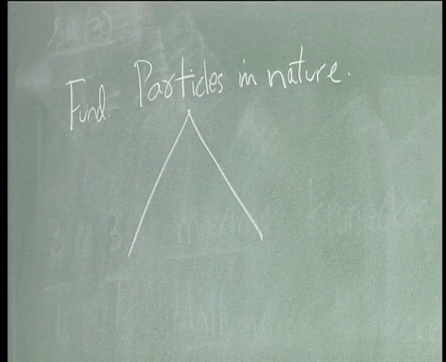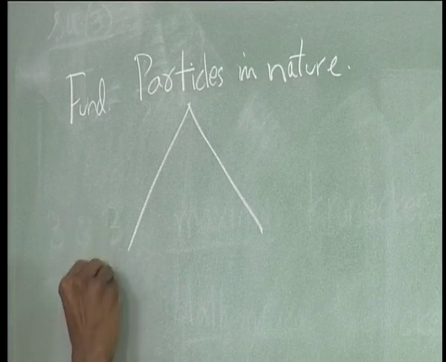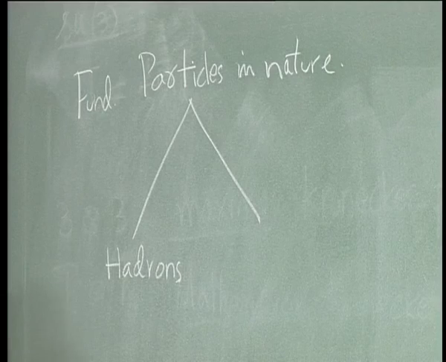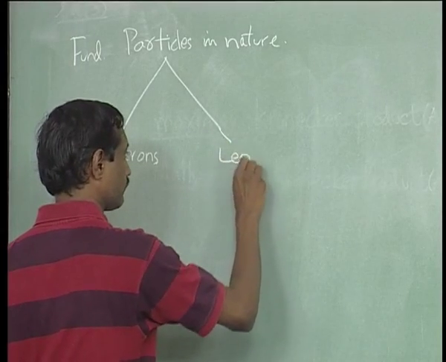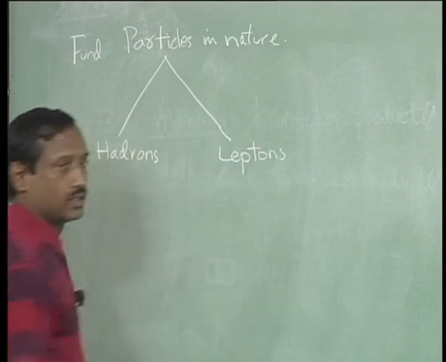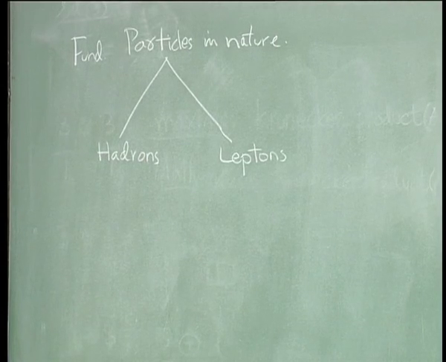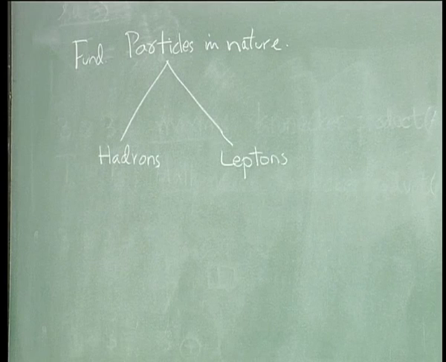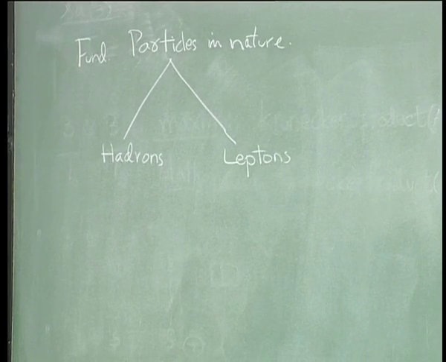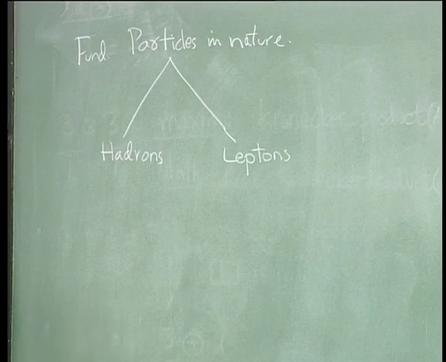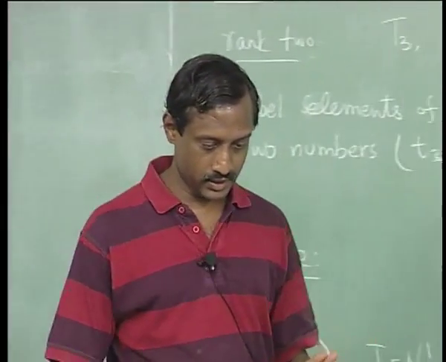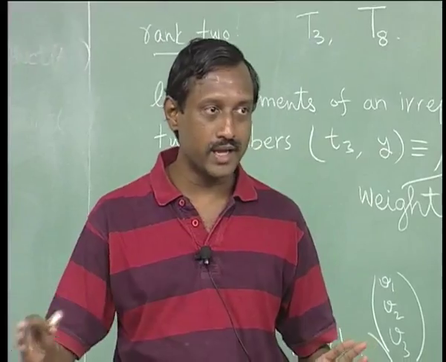are broken up into 2 kinds of things. We will call them hadrons and leptons. First, what you do is to distinguish between bosons and fermions, and all the bosons that we know of, like the photon, W and Z bosons, are carriers of some force.